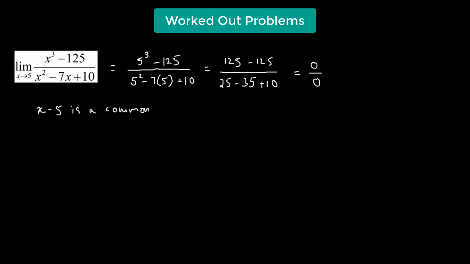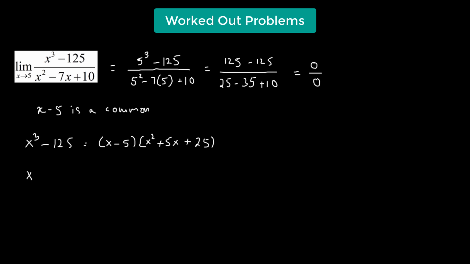In order to do that, we are going to divide the numerator, x cubed minus 125, by x minus 5. So we're going to use synthetic division. So we get x minus 5 times x squared plus 5x plus 25.